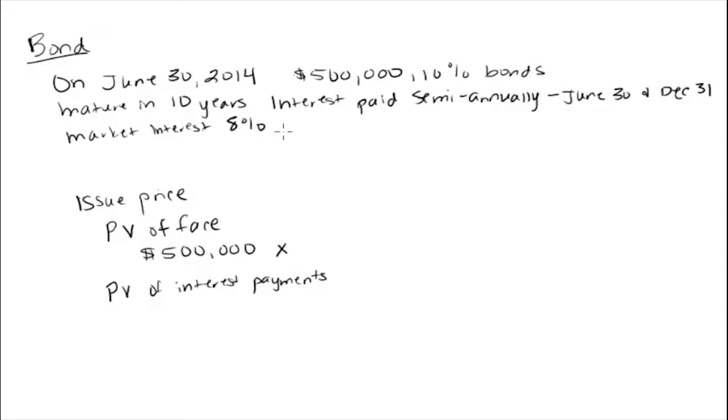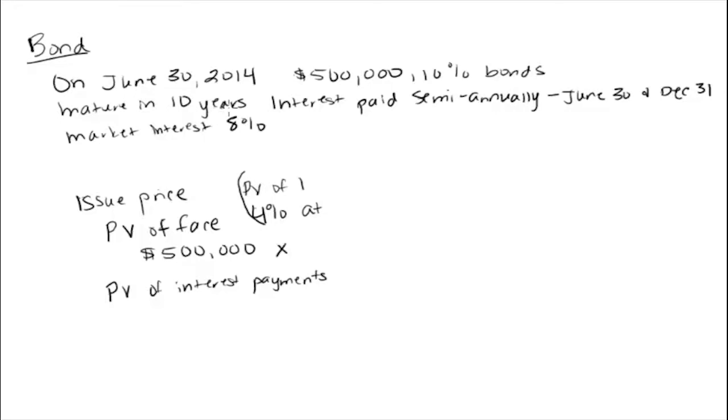How often do we pay interest? We pay it semi-annually. So how many times a year are we paying this? Twice. So what happens to this interest rate? It needs to go to 4% because this is a per annum rate. We're not doing this once a year, we're doing it twice a year. So in your present value of 1 table, you need to be looking up 4% at how many periods?